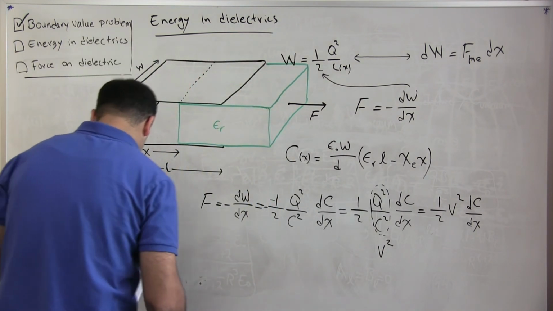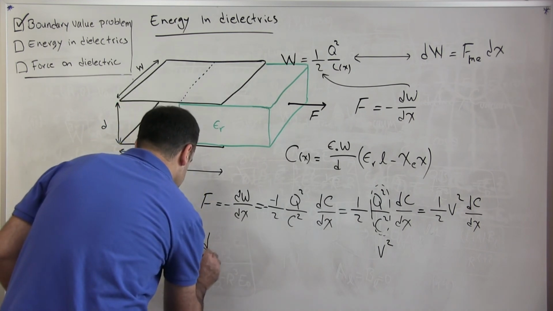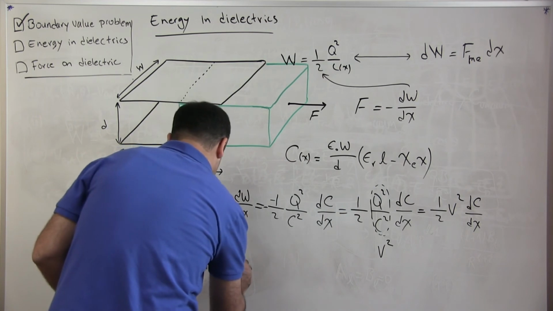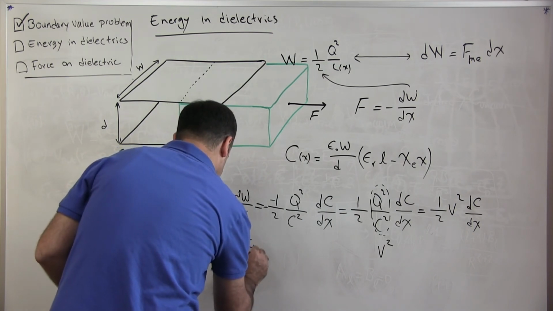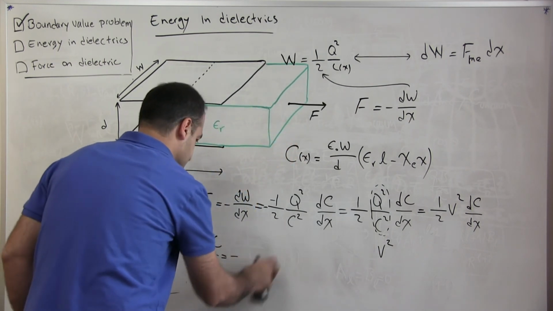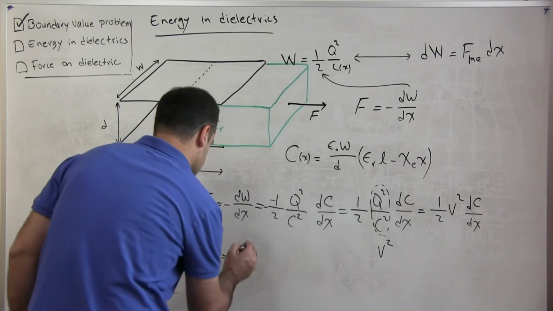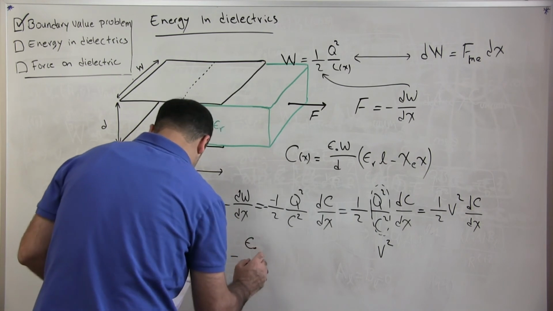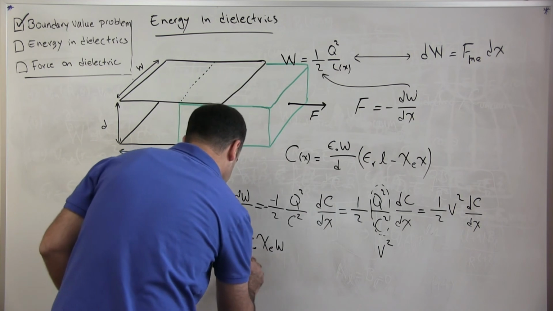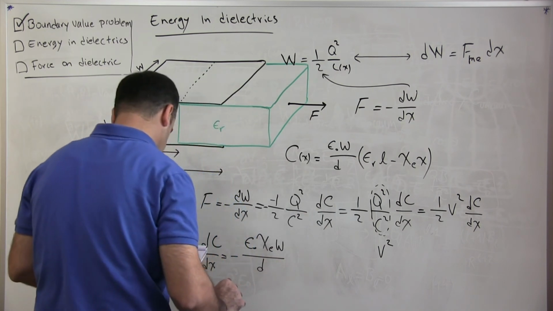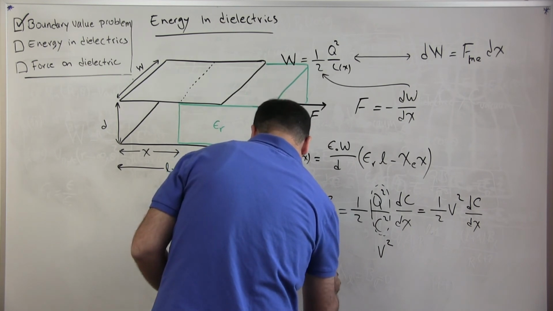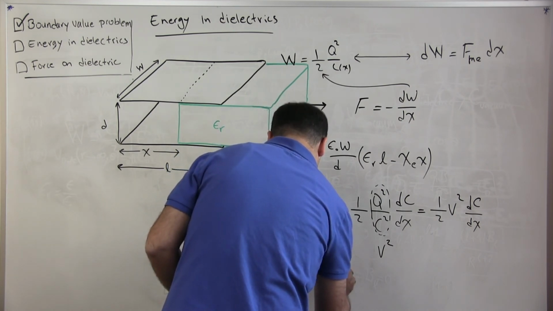And then dC over dx is negative epsilon naught chi e w over d. Sorry.